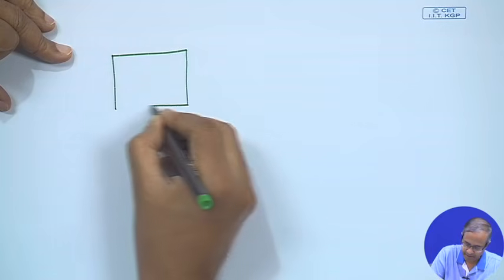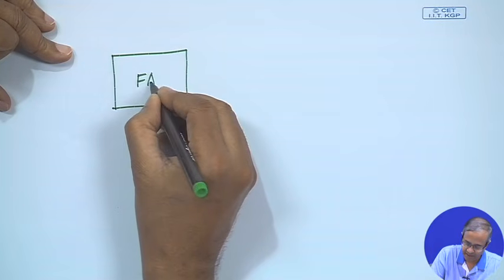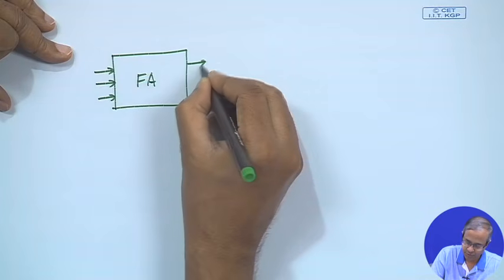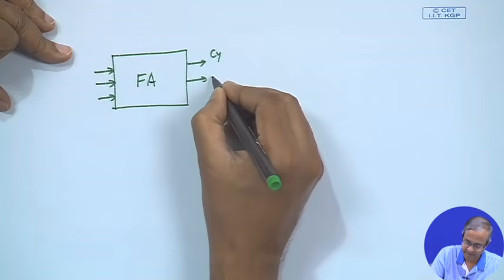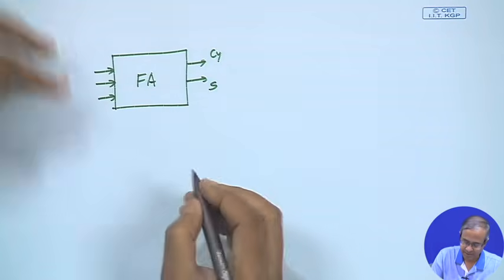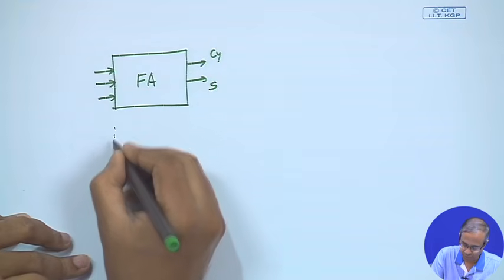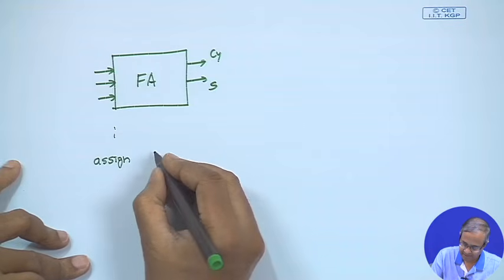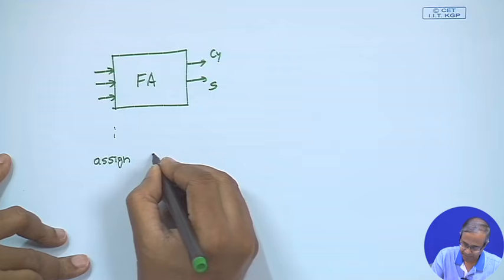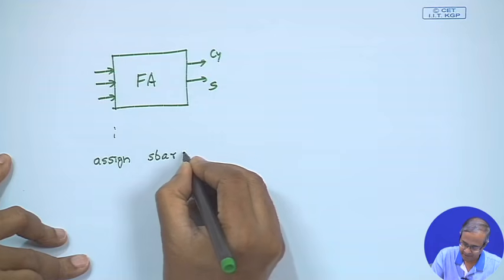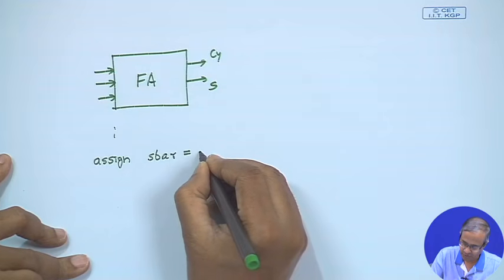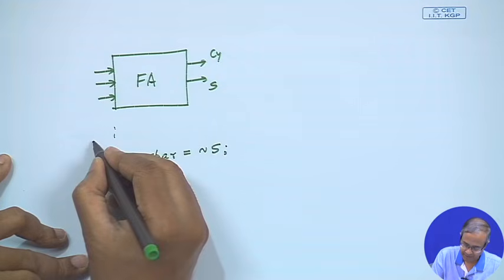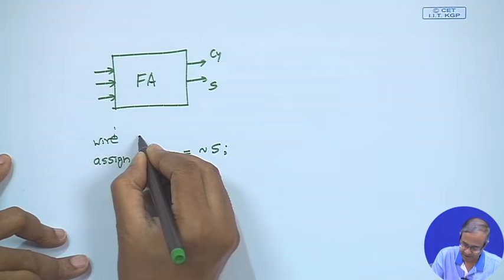There is a full adder I have instantiated, with 3 inputs and 2 outputs, carry and S. Now in my module, I have written somewhere: assign S bar equal to not of S, where I have defined S bar as wire.